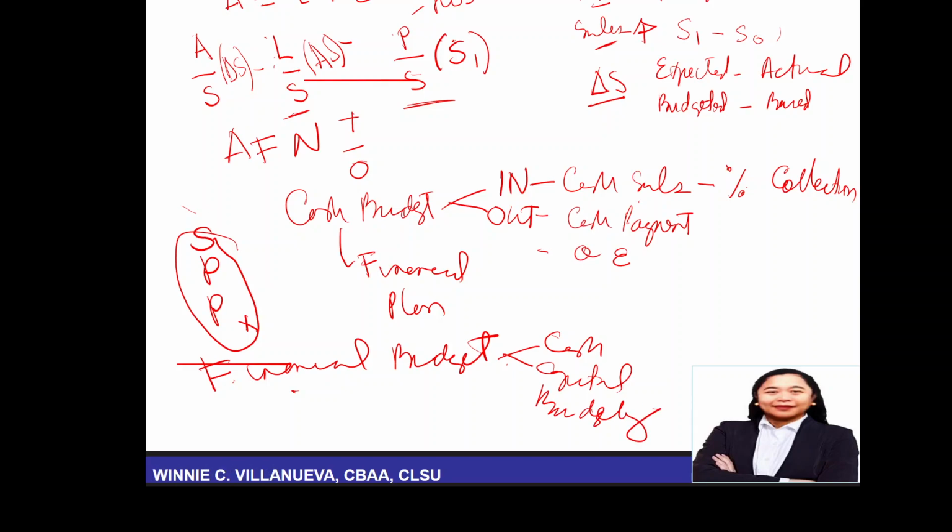Kasi kapag gumawa kayo, di ba, may fixed asset kayo, may equipment kayo, or hindi man equipment, properties that you would like to acquire to support your operation, edi capital budgeting decision yun. O kaya naman, gusto nyo mag-add ng product line, mag-add ng other branches, ayan, capital budgeting decision yon. Okay? So, yan yung isang concern.